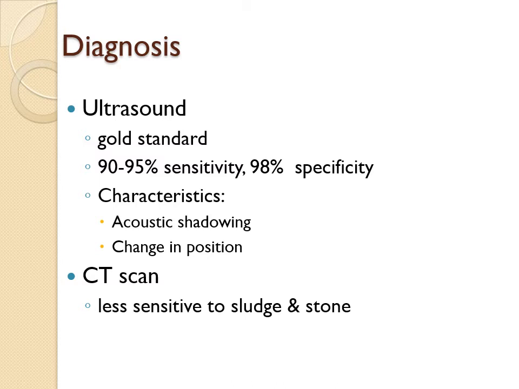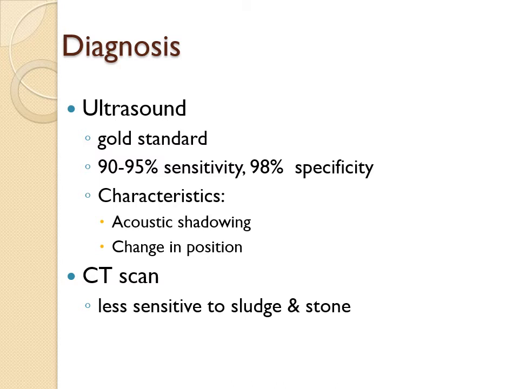For the diagnosis of gallstones, the gold standard is your ultrasound, which is relatively cheap and readily available. It has a 90 to 95% sensitivity and 98% specificity. Ultrasound can detect gallstones as small as 1.5 millimeters.